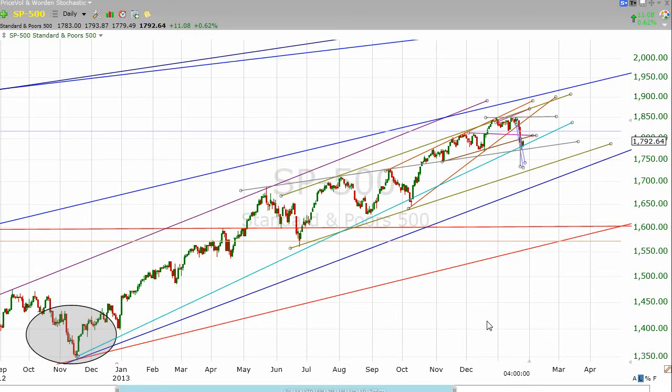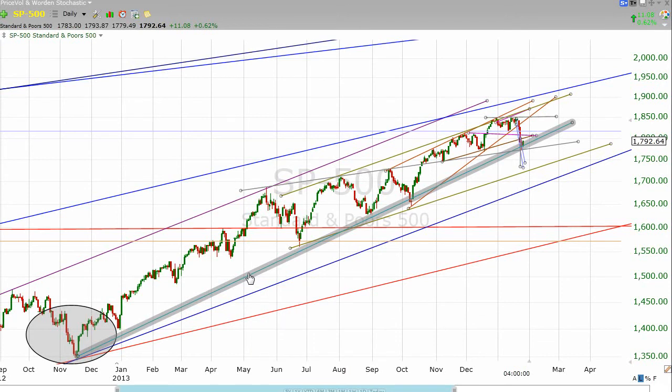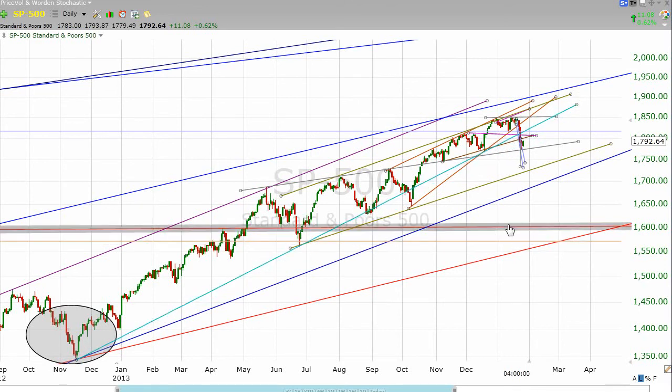And the reason we're looking at this is I want to remind you about this long-term support line that goes all the way back to the middle of December 2012. Okay? It does not line up perfectly. That's one of the things that makes the read on anything based upon this line difficult. For example, if we line it up with this bottom and this bottom, well, then we've got touches here.